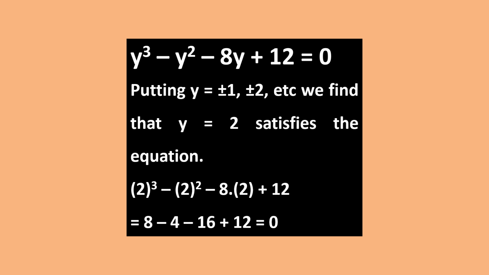We have shown you that by substituting y equal to 2, the expression becomes 0, so the equation is satisfied. So now we know that y equal to 2 is one of the solutions, not the solution, because a cubic equation will have 3 solutions. After finding one of the solutions, we can proceed as follows.